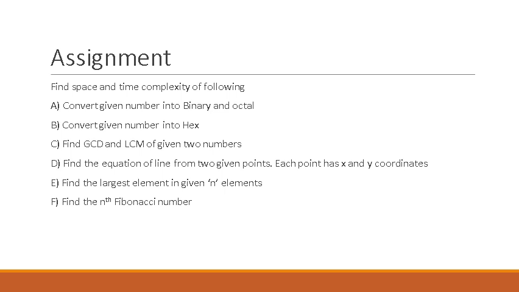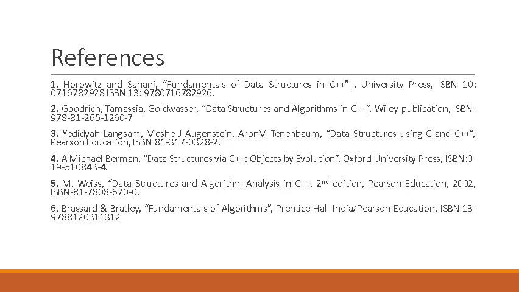Only write the functions and try to calculate the space and time complexity for these problems I have mentioned here. Next we will discuss the time and space complexity for these functions one by one, but first you have to try it out and then we will solve it. These are the references.